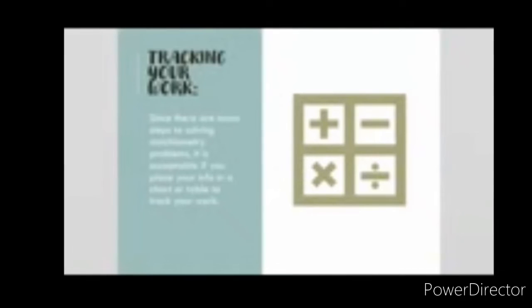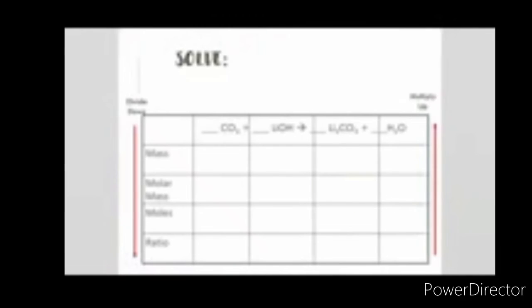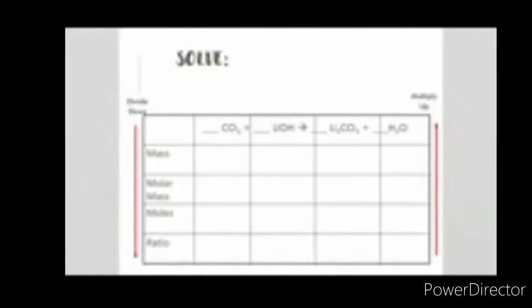Since there's many steps to solving stoichiometry problems, it's acceptable if you place your information in a chart or a table to track your work. This table demonstrates how you can solve for the mass of your product in an easy to follow format.